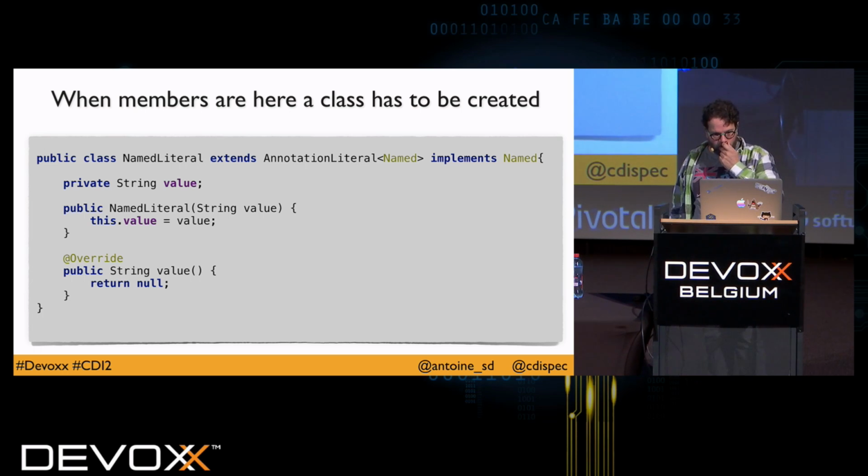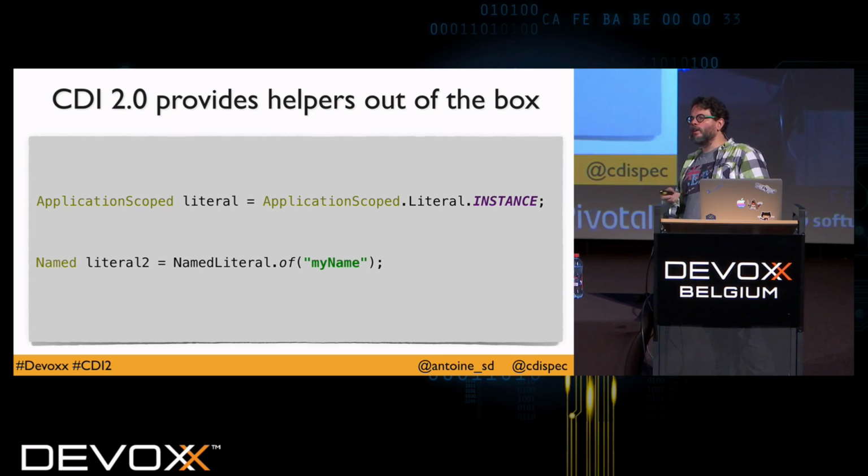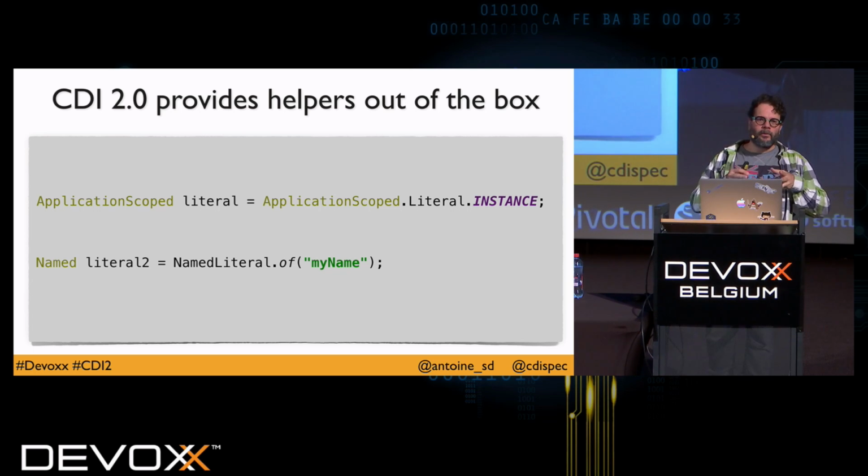So in CDI 2, we've provided helpers out of the box. These helpers were available in third-party solutions like DeltaSpike or others, or you can have your own libraries. Right now, it will be in the spec, in the API. So it doesn't change a lot for the annotation without members.